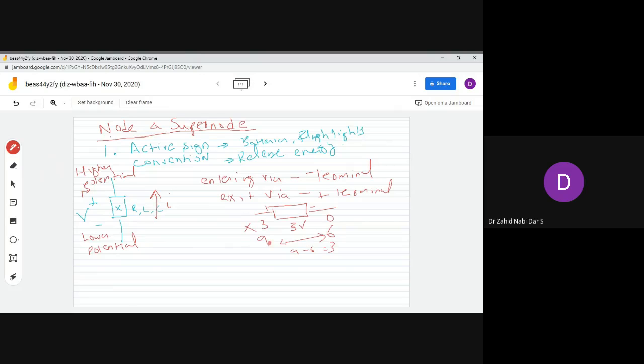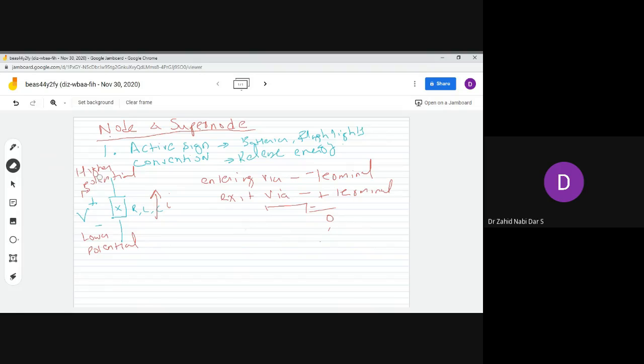It can be 10 over here and 7 over here, where 10 is the higher potential and 7 is the lower potential. There is nothing called zero potential. You have to understand practically what happens in case of a battery or other elements that we are using.